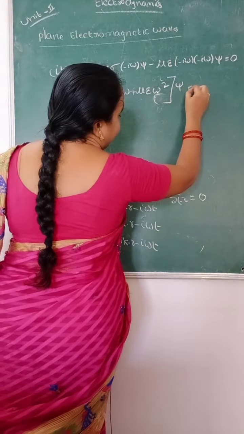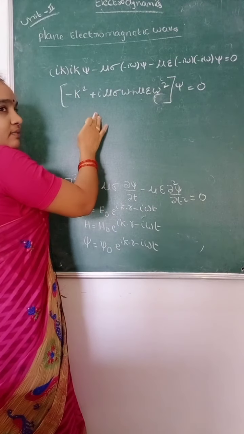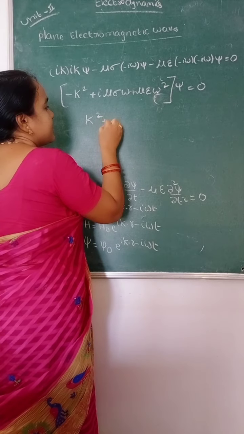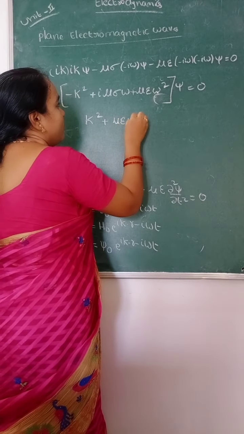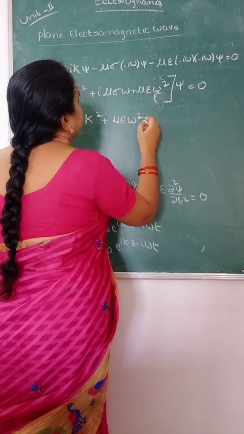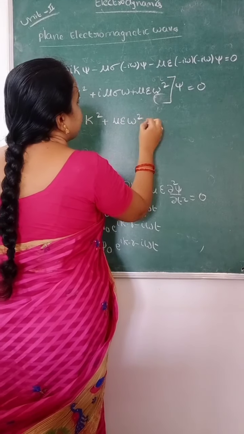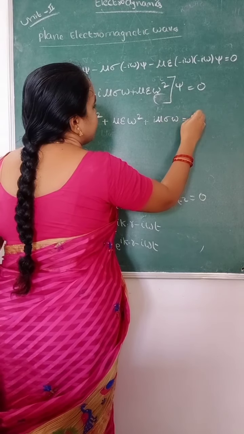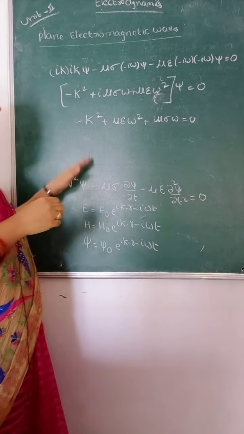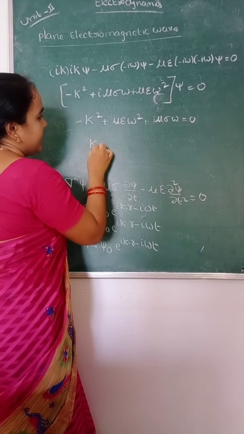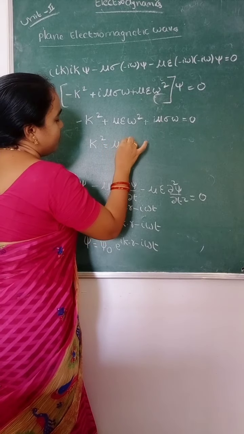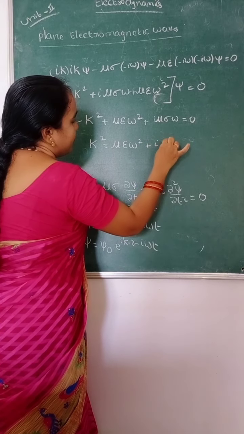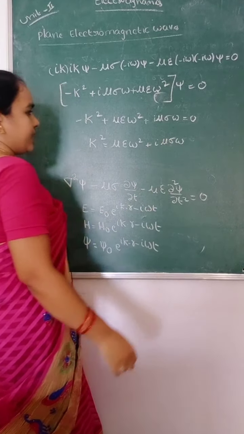This psi will not be equal to 0, so the other factor becomes 0. That is minus k square plus mu epsilon omega square plus I mu sigma omega is equal to 0. Then the value of k square is equal to mu epsilon omega square plus I mu sigma omega.